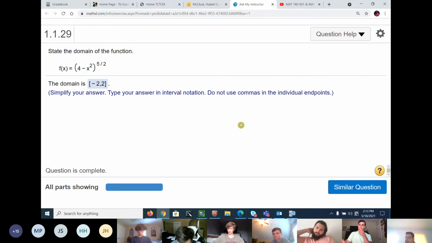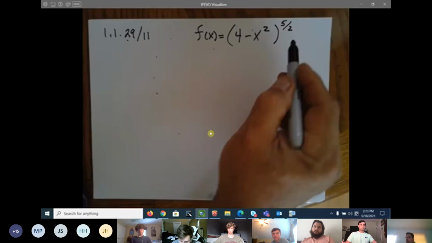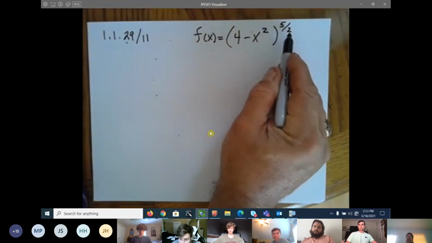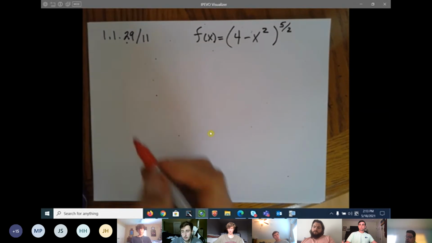All right, so it says f of x is equal to 4 minus x squared raised to the 5/2 power. Okay, now before you even start this question, you've got to remember what a rational exponent does. Let's go back to our Algebra 1, Algebra 2 days.